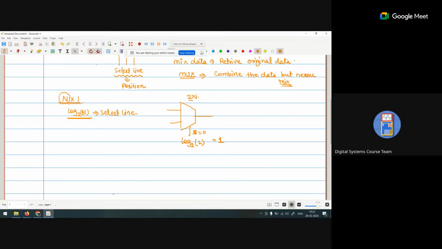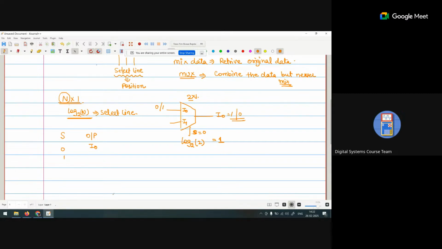If the select line is 0, the I0 bit appears at the output. So if the select line is 0, the output is nothing but I0. If I connect I0 as a 1, we will get 1. If I connect I0 as a 0, we will get 0.